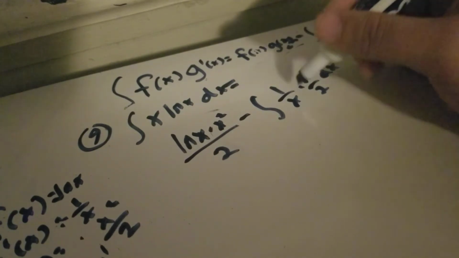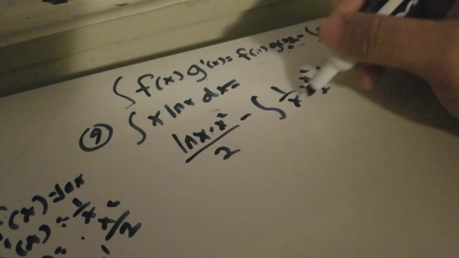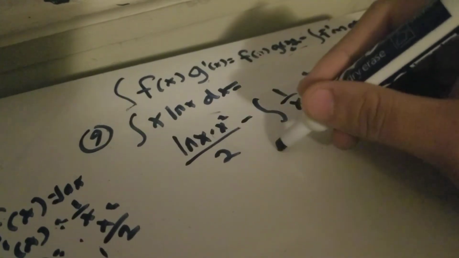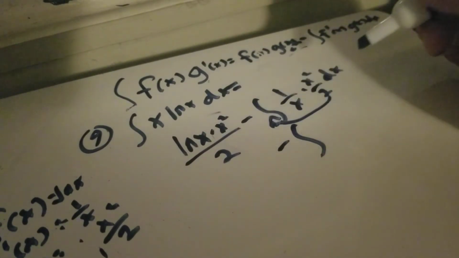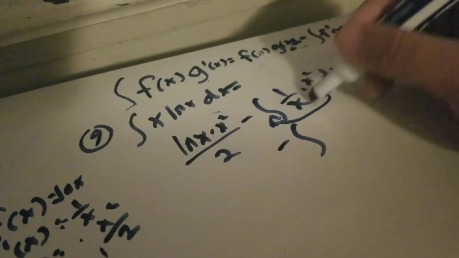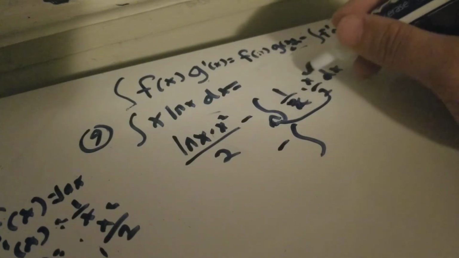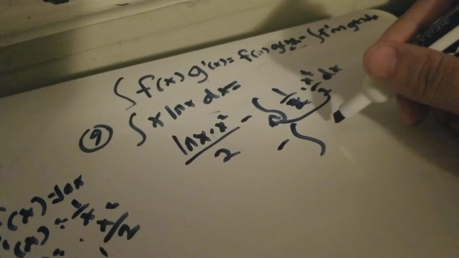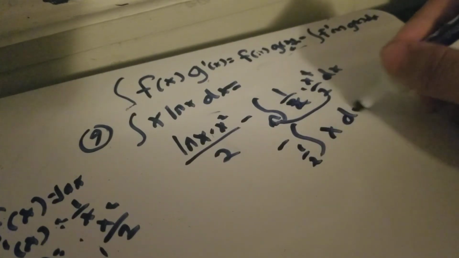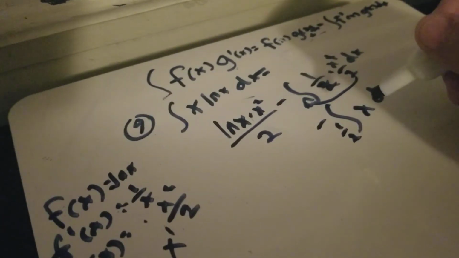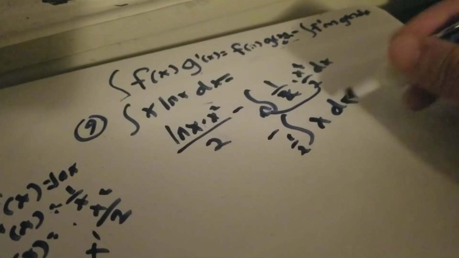Okay, so what I could do here is simplify a little bit in the integral. I could take out the 2, which is a constant, and I could reduce this x into just x to the 1. So it's going to be 1/2 in the front, x dx. Hey, I know the antiderivative of x dx.